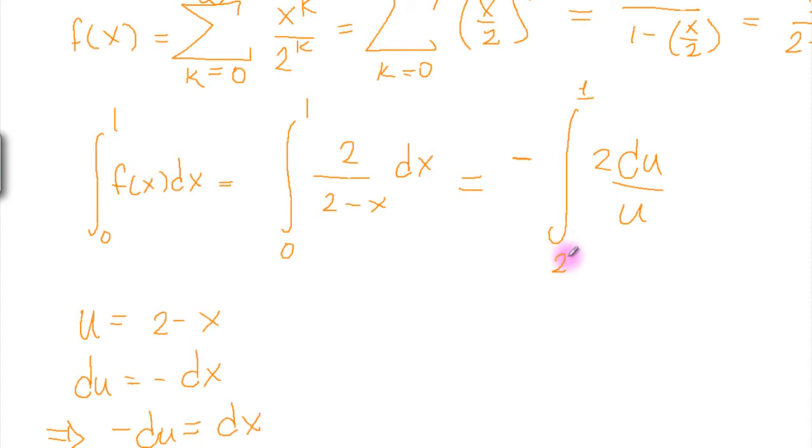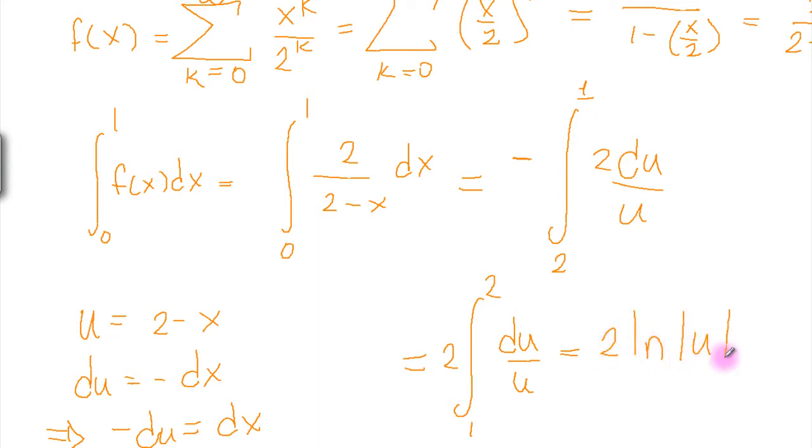Now if we want to switch the limits of integration, that will take a minus out, and minus times minus equals positive, so it will be 1 to 2. Take the 2 out, and we have du over u. But what's du over u? Well, the integral of du over u is the natural log of the absolute value of u, evaluated from 1 to 2.